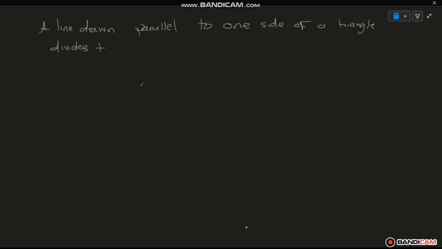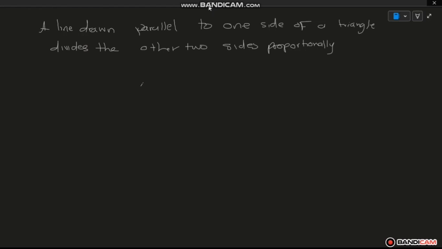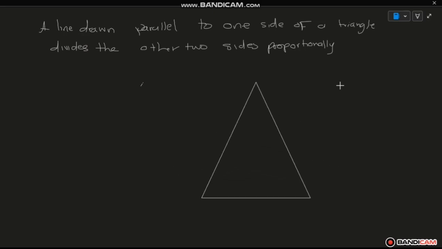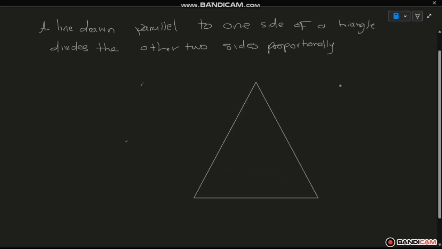Then it divides the other two sides in proportion, or proportionally. So a line drawn parallel to one side of a triangle divides the other two sides proportionally. Let me just show you this in a triangle.